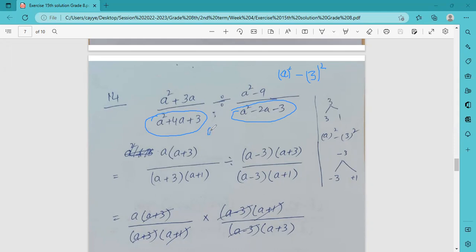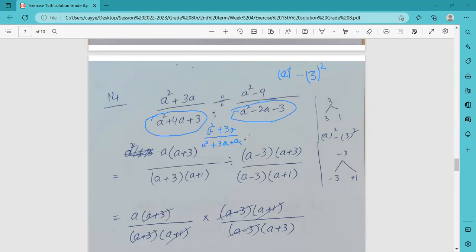You can write it a square plus 3a plus a plus 3.